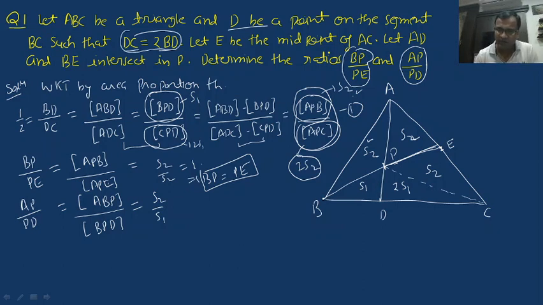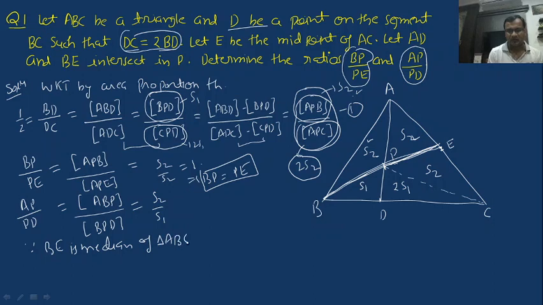How can we connect them? Look at this line BE. BE is the median of triangle ABC, and we know that a median bisects the area and divides the triangle into two parts of equal area. Therefore, we can write the area of triangle ABE is the same as the area of triangle BEC.